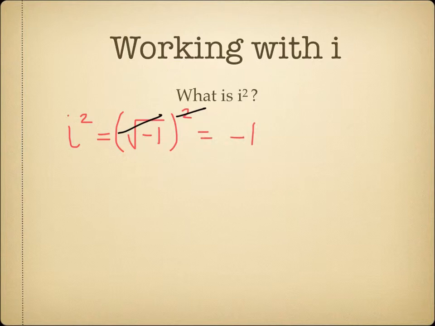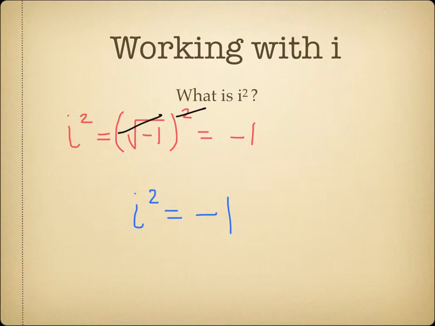So this is a big thing that you want to just commit to memory. Okay, I mean, understand why it works, but commit to memory that anytime you see i squared, that's equal to -1. Okay, so i by itself is the square root of -1. i squared is just -1.